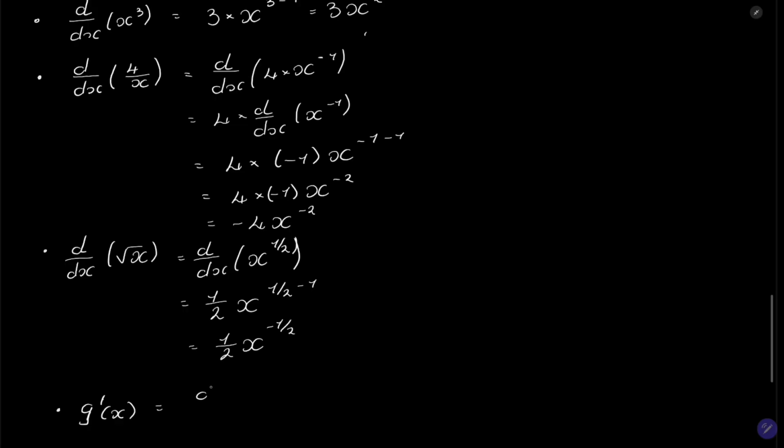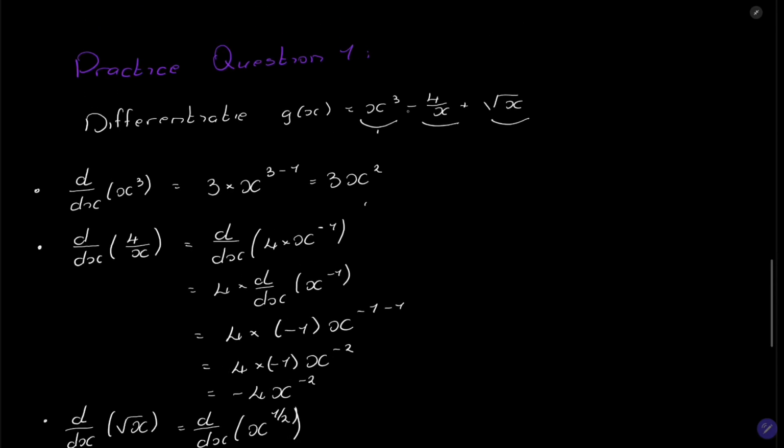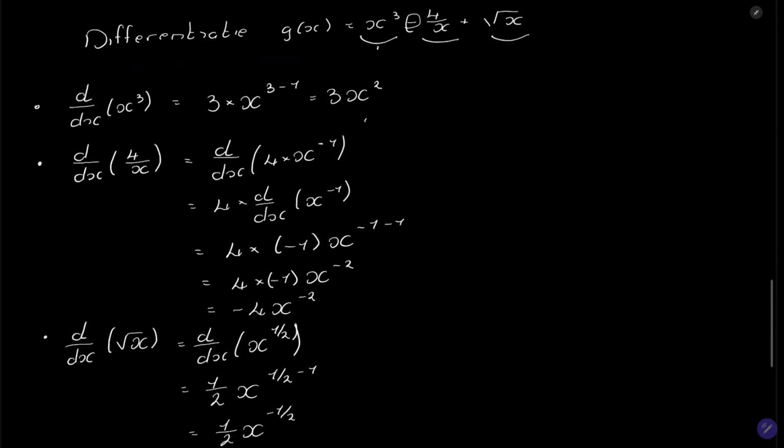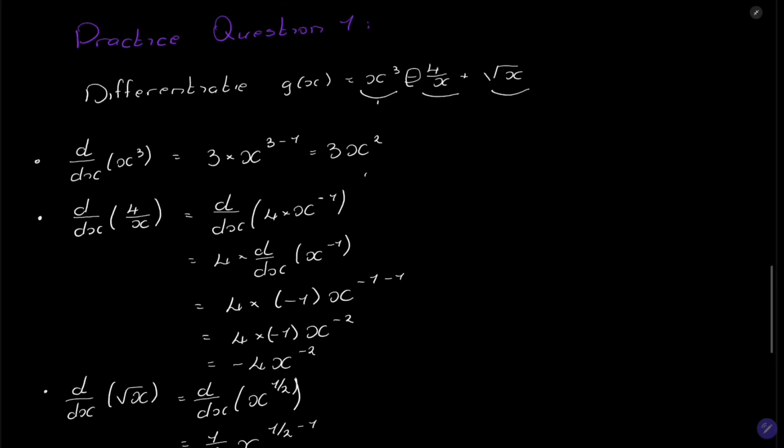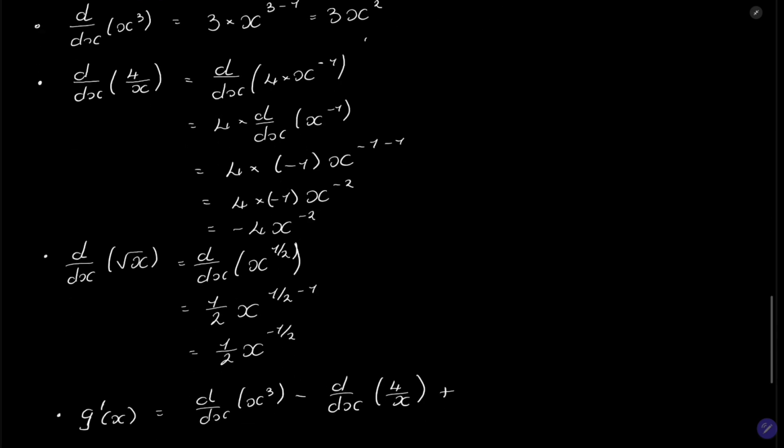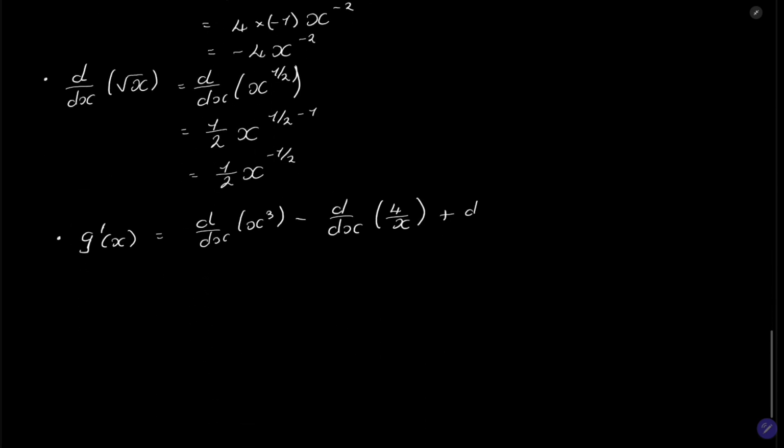So we have d on the x of x cubed minus d on the x of 4 on x plus d on the x of square root of x.